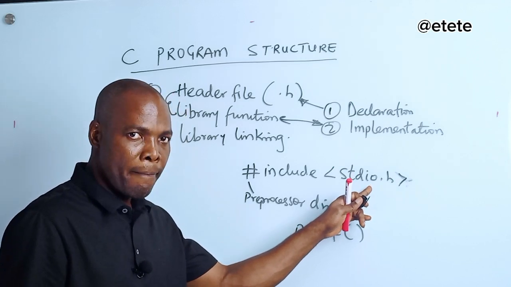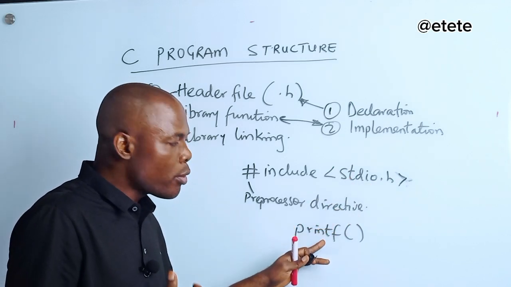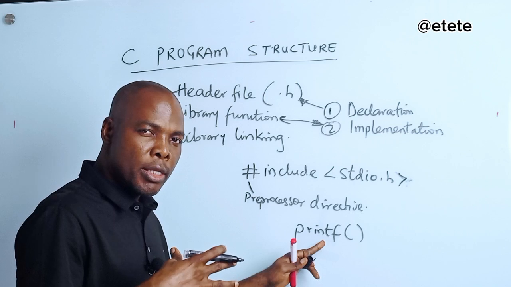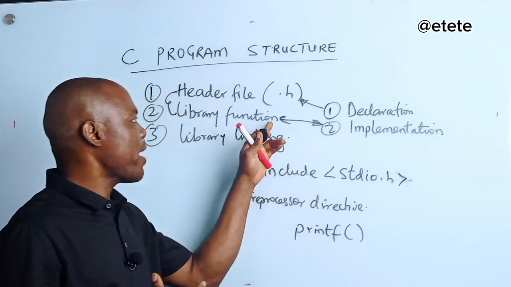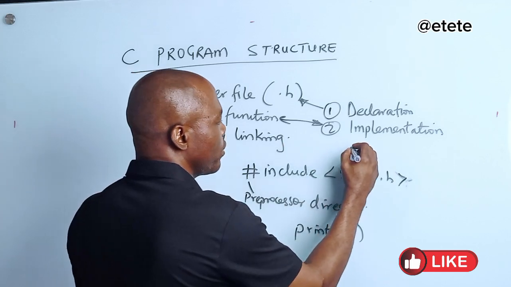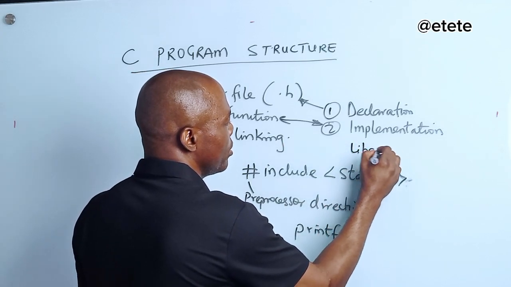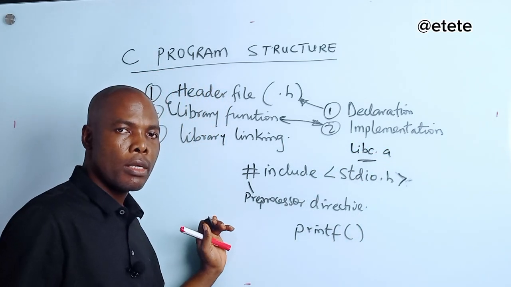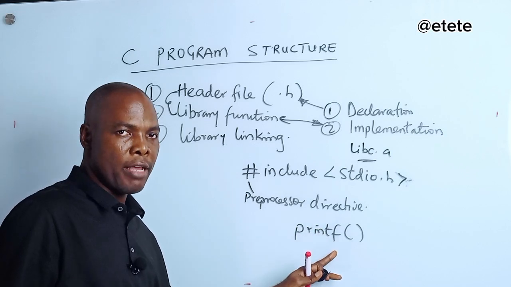So load this file. But when you start executing, the body of that function, you will find in this library function. Example of this library function is libc.a. So that is where you find the body of this printf.